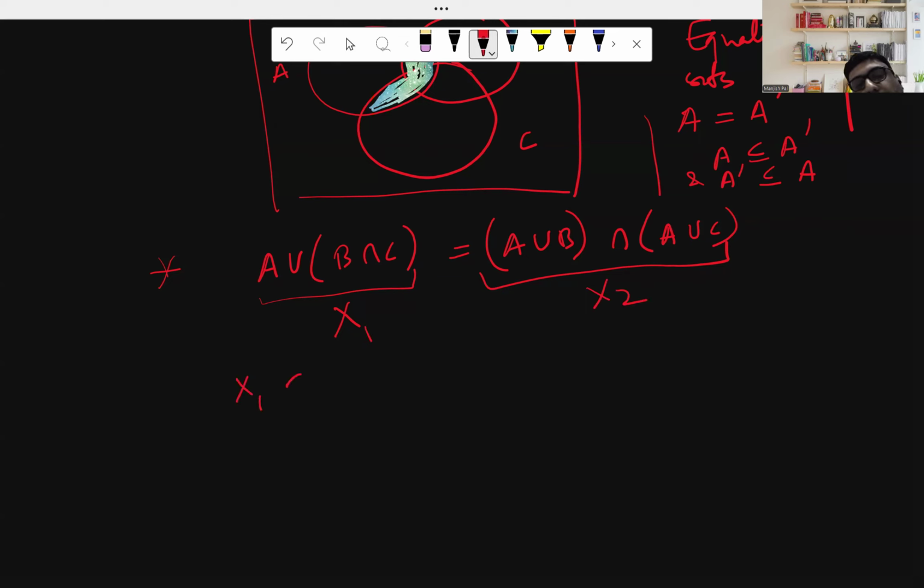I have to prove that X1 is a subset of X2 and X2 is a subset of X1.